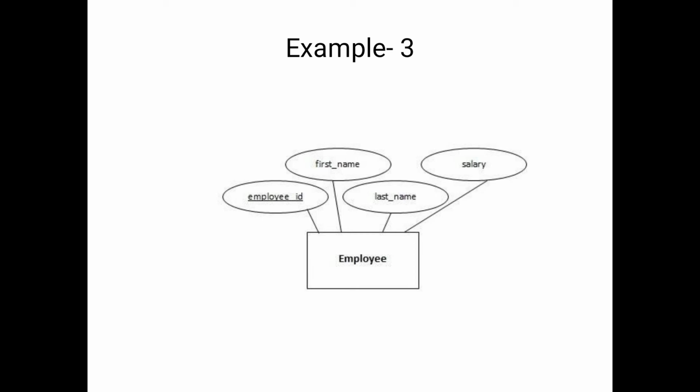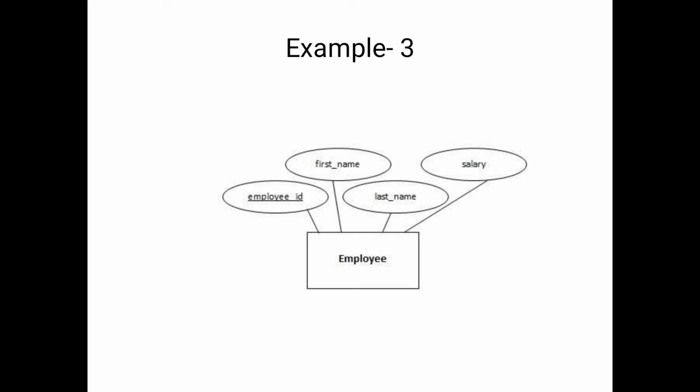With the first name Sai, definitely more than one Sai is available. Suppose we consider the last name G, definitely more than one person has last name G. Suppose we consider the salary, definitely in each and every department.